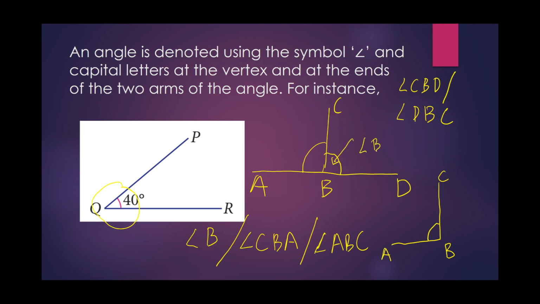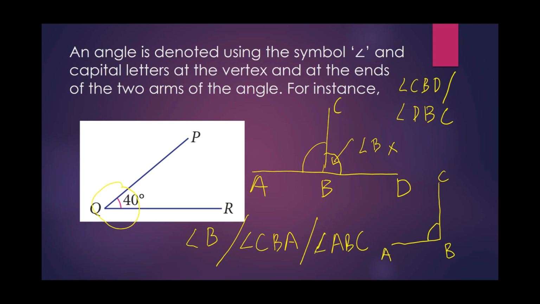Not like this one. This one, we can directly say angle B, because this is the only one. So you can use this notation for the angle over here. Are you clear? Yes. Okay, we continue.